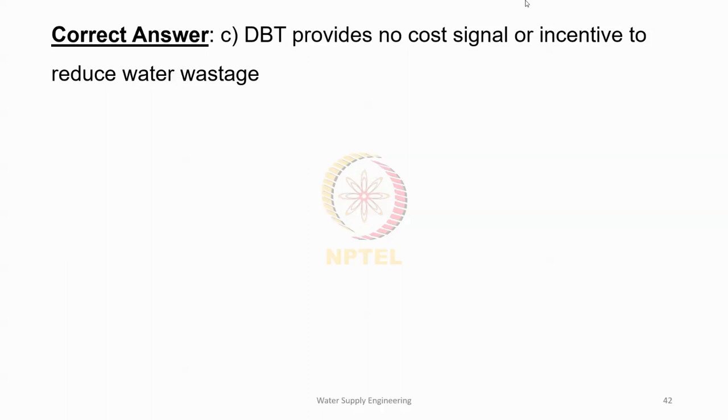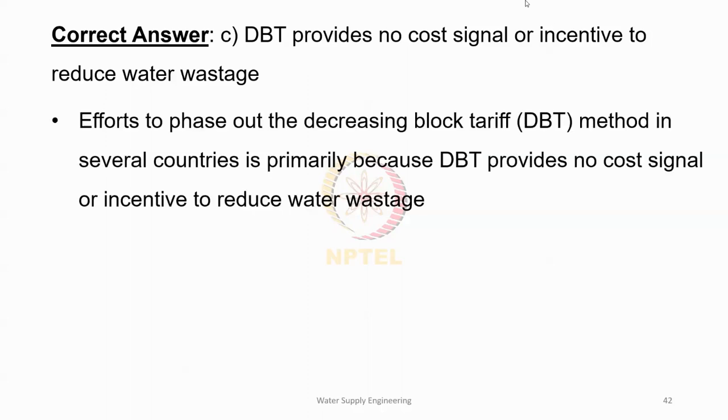So it is not providing any cost signal or incentive to reduce water wastage. So that is, efforts to phase out the decreasing block tariff method in several countries is primarily because it provides no cost signal or incentive to reduce water wastage.